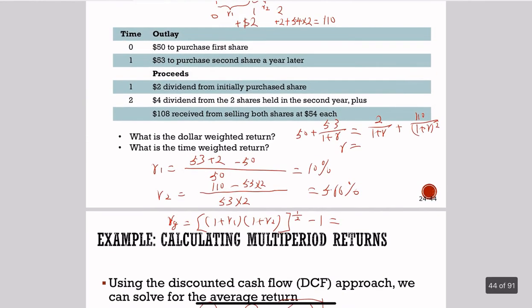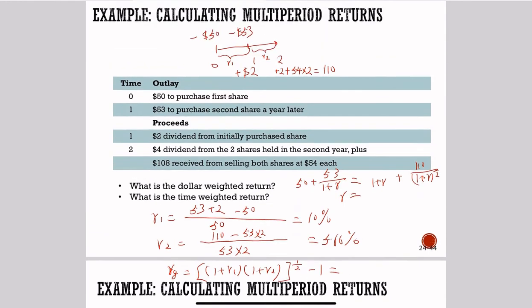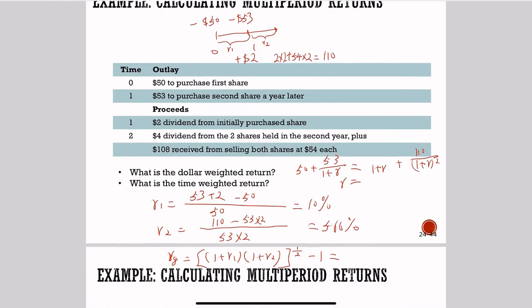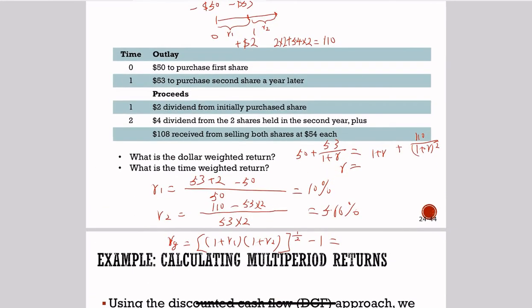Oh, why do we have 112? Oh, sorry, I made some mistake here. We should have a dividend of 4 because we have 2 shares.